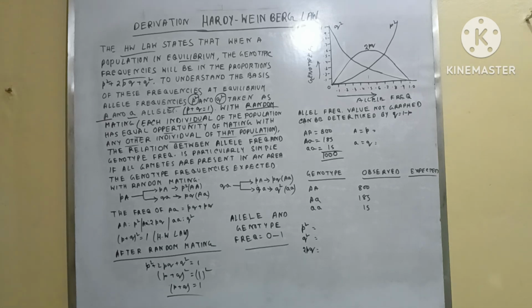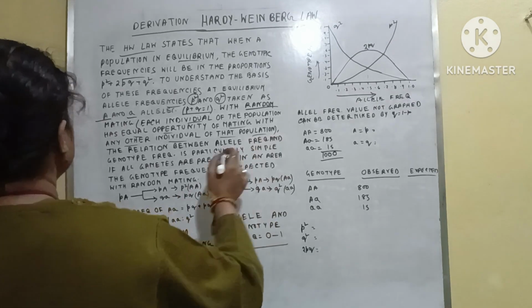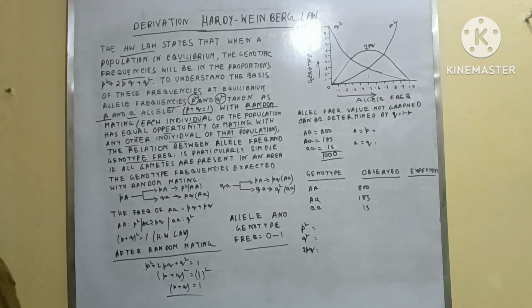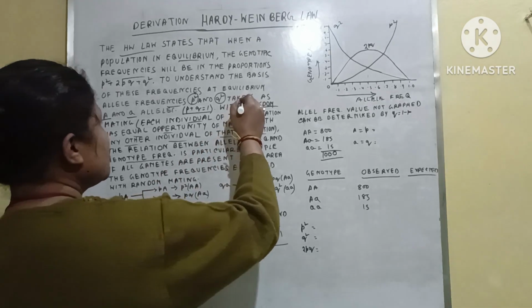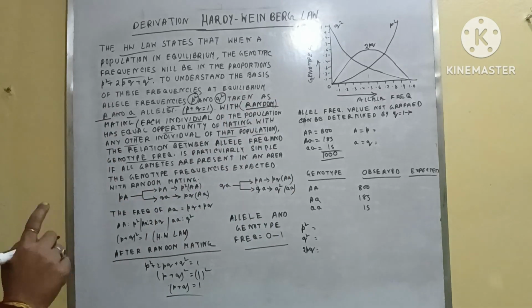The relation between allele frequency and genotype frequency is particularly simple if all gametes are present in an area and the genotype frequency is expected. Here is a mistake: random mating is not within that particular species, it is within a population.